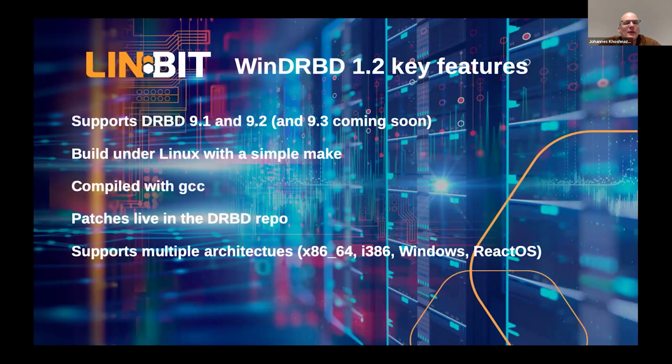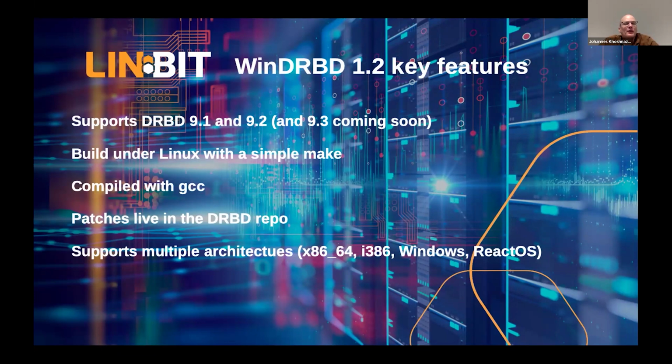So we couldn't switch the DRBD engine to 9.1 or 9.2. 1.1 is based on DRBD 9.0, which is not supported anymore by upstream DRBD. So with WinDRBD 1.2, we can have 9.1 and 9.2, and hopefully soon 9.3, including the nice feature Joel just showed us.